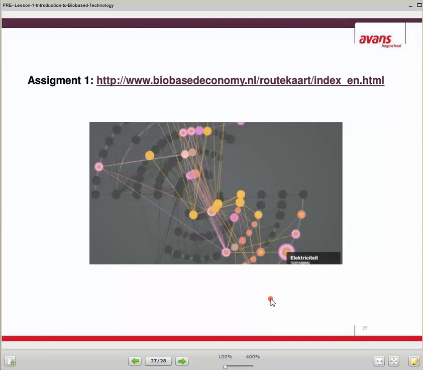I must say also it can be done in English or in Dutch. So if you by accident are on an English side and you want the Dutch, if you're on a Dutch side and you want the English, just click on the upper right hand corner to switch the language. The link here should be English, but if in the future you accidentally stumble onto the wrong language, you can always switch back to English or Dutch, whichever you prefer.